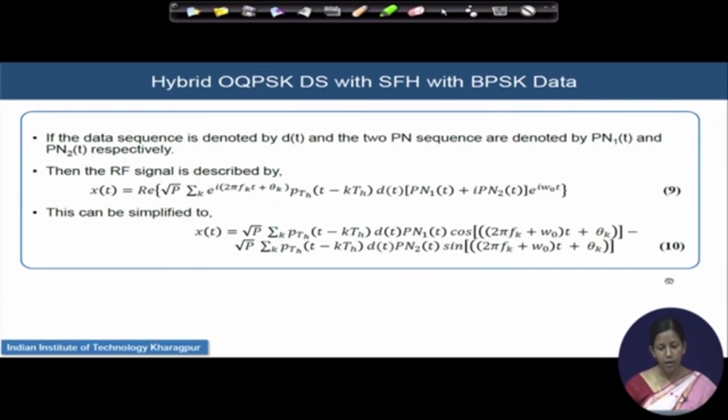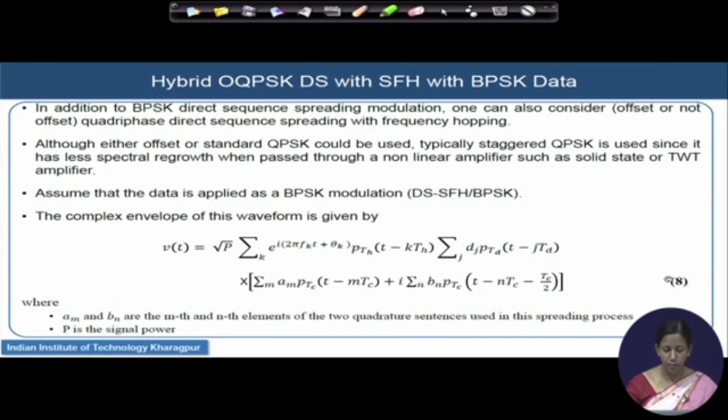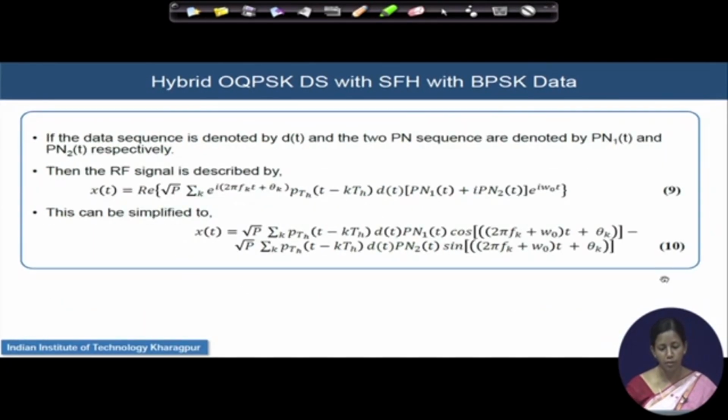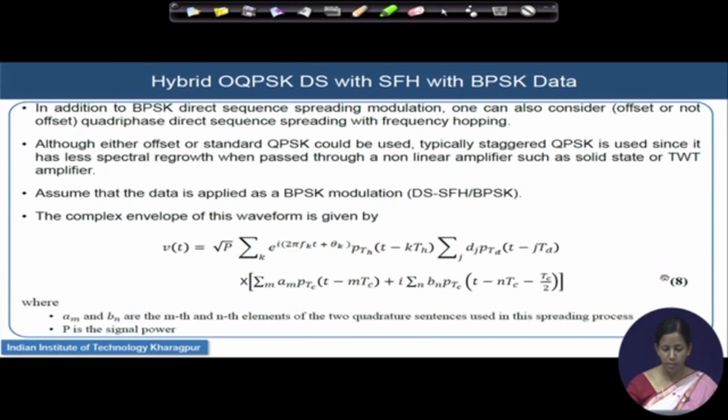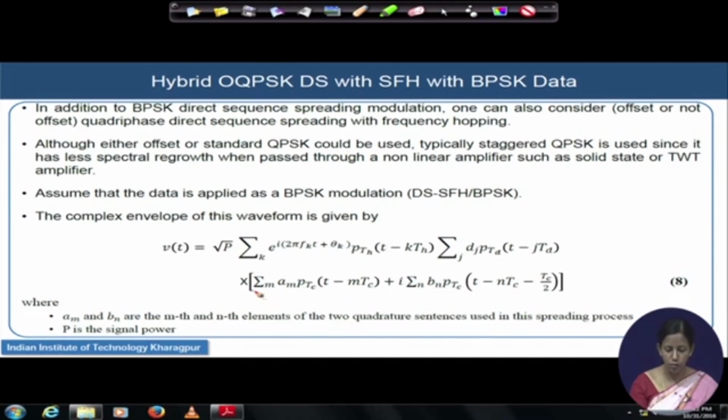So, we are seeing that the PN sequences here are of two types actually. The data sequence, if we denote it by D(t), then fundamentally for this QPSK based PN sequences, the PN sequence applied on the I phase and the PN sequence on the Q phase may be denoted as PN1 and PN2, say.